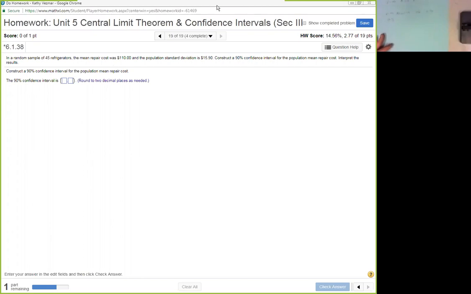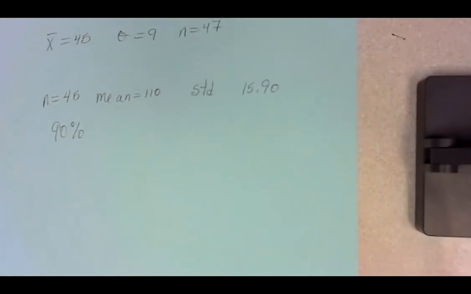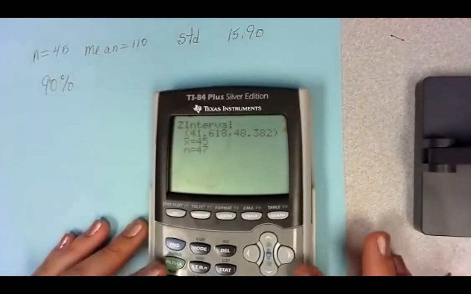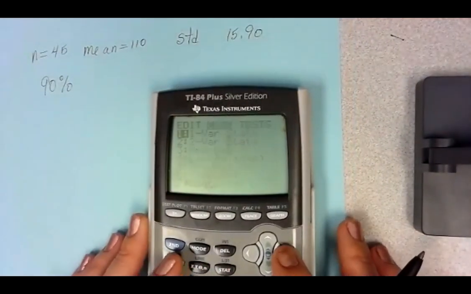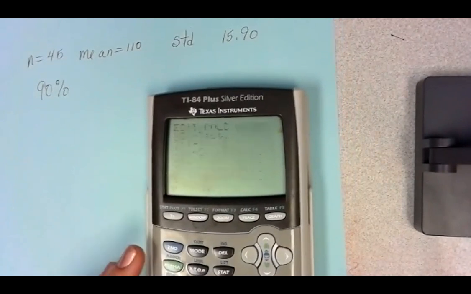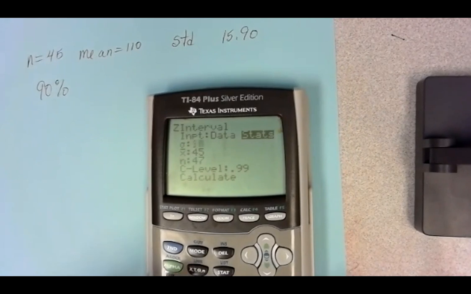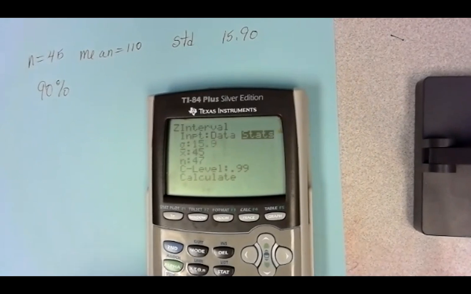So I'm going to stop sharing. Let's go ahead and enter that in. We're going to go to Stat, Tests, number 7. In this case, standard deviation is 15.9, X bar is 110, N is 45, and our confidence this time is 90.